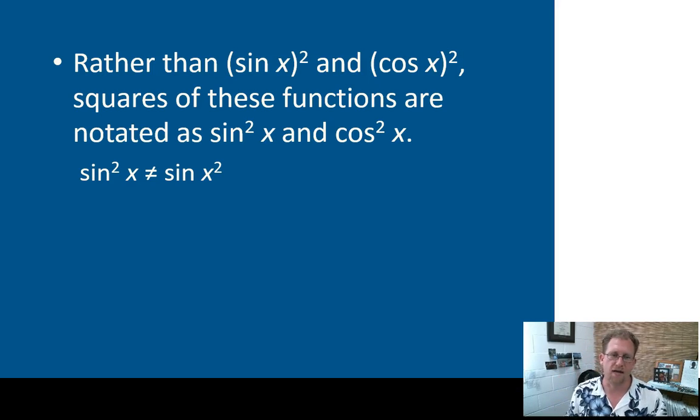So if you have to square the sine of x, you say sine squared x. Not sine of x squared. Sine of x squared means take x, square it, and then give me the sine of that value. Okay, so just a quick notation, and we'll move on from there.